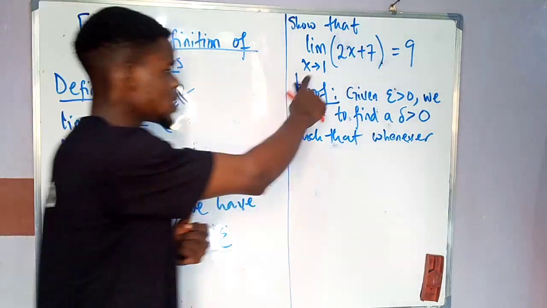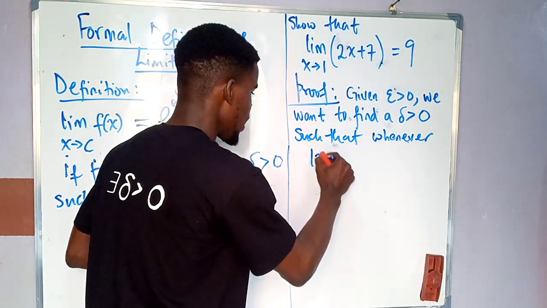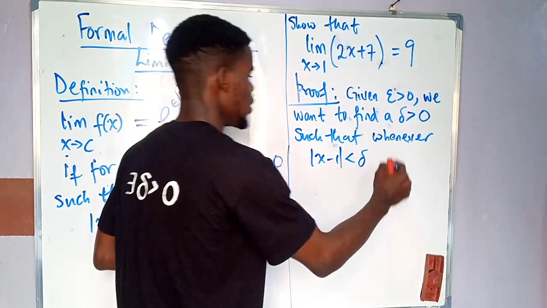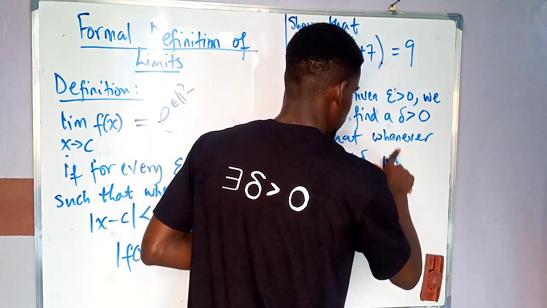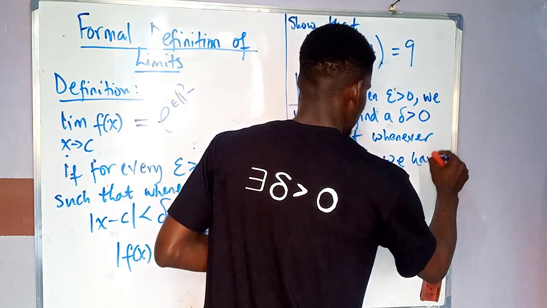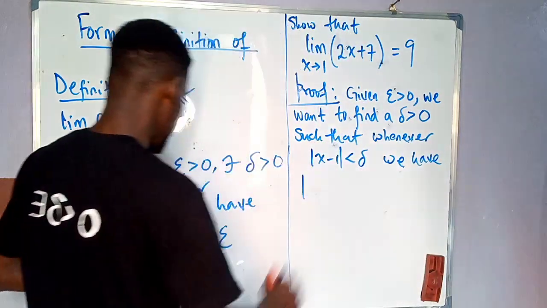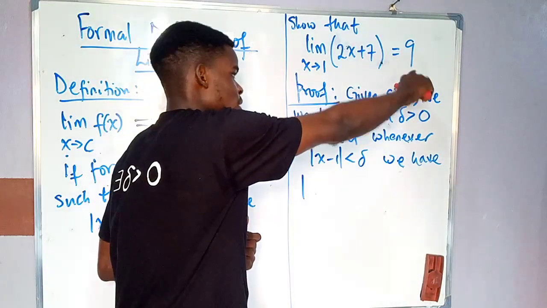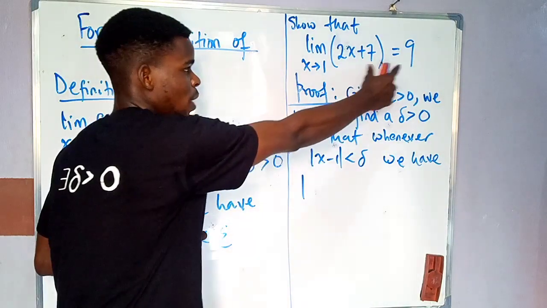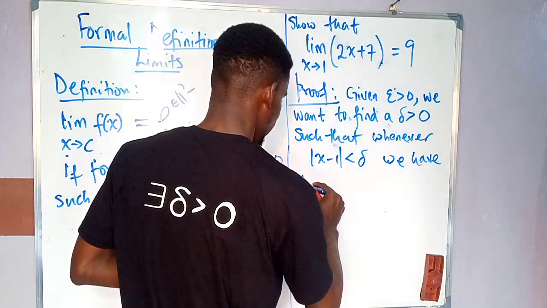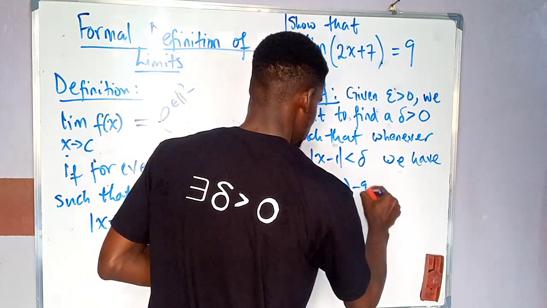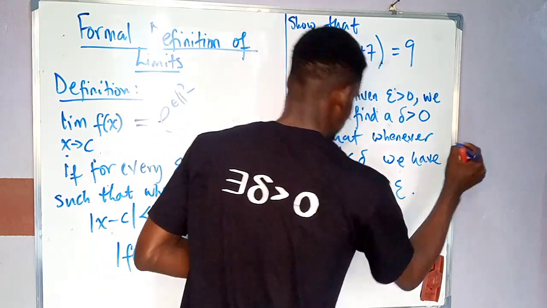So here x is approaching 1, so we are going to say whenever x minus 1 is less than delta, we have that, observe again, this was f of x minus L. The limit here is 9, so it's going to be the function minus 9. So we have 2x plus 7 minus 9, the absolute value of that is less than epsilon.